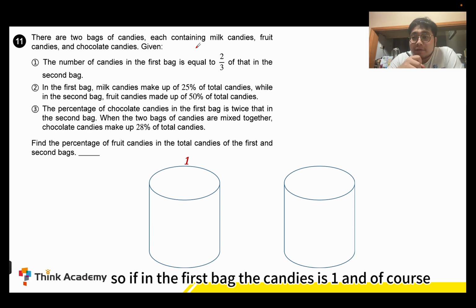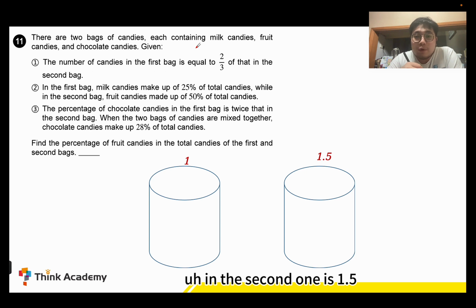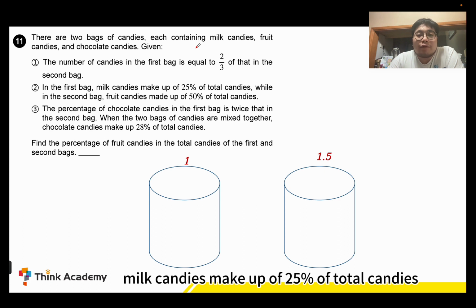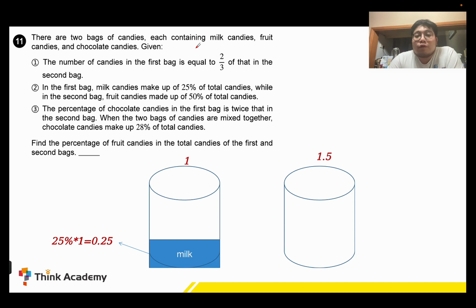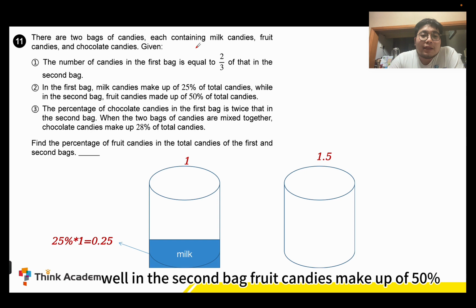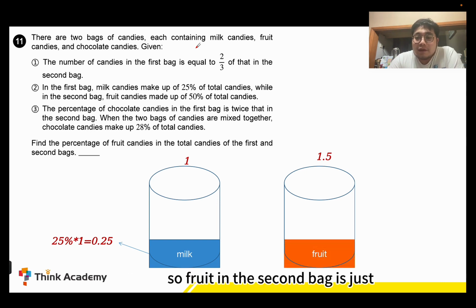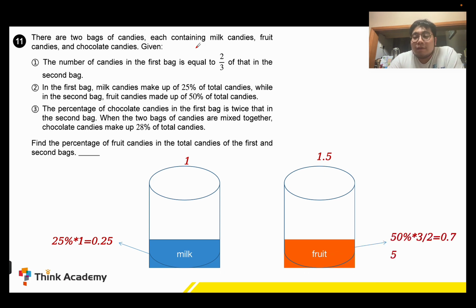So if in the first bag the candies is 1, of course in the second one it is 1.5. In the first bag, milk candies make up 25% of total candies, so the milk is just 25% times 1 equals 0.25. While in the second bag, fruit candies make up 50% of total candies, so fruit in the second bag is 50% times 1.5 equals 0.75.